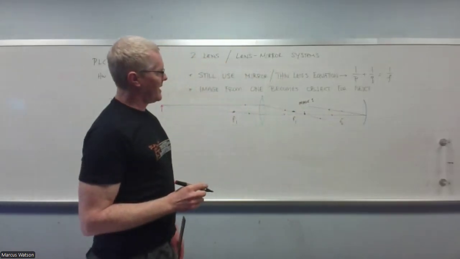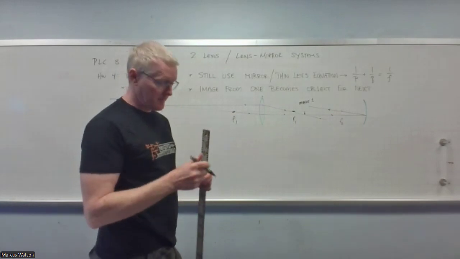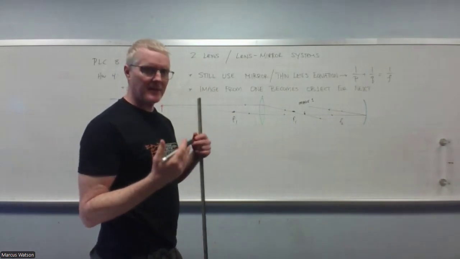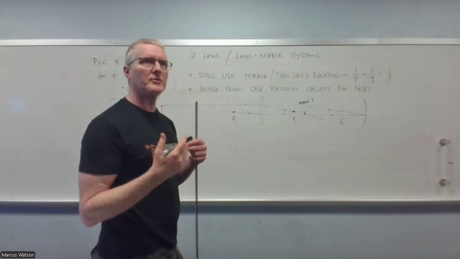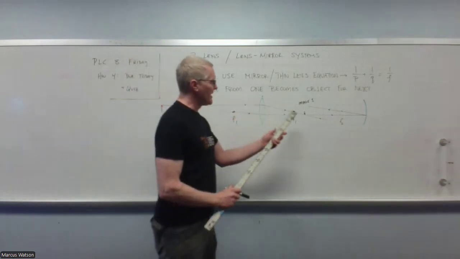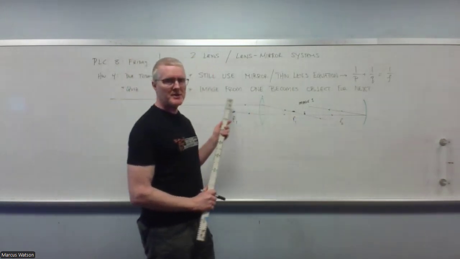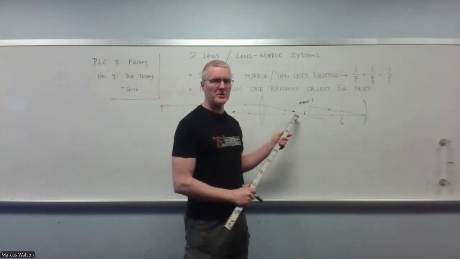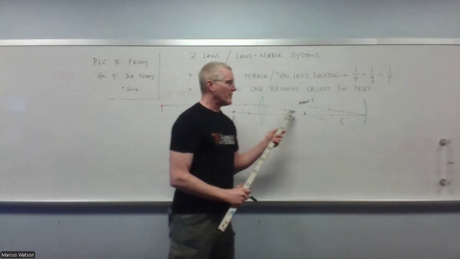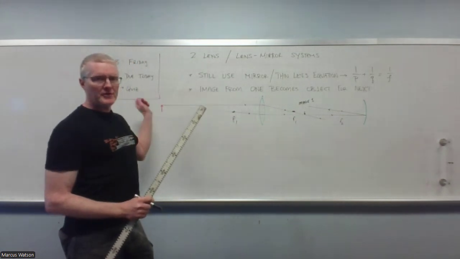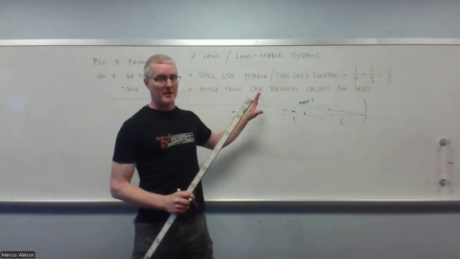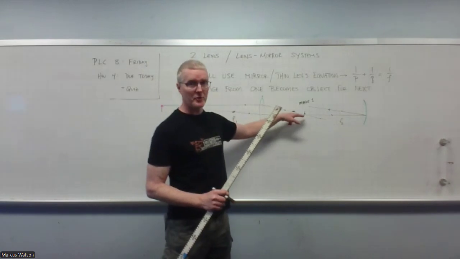Okay, and now part of the thinking that I'd like for you to get used to is that even though I've only drawn the two rays from the object through the lens to the image, remember this is emitting all sorts of rays which we aren't drawing, which are going through the lens and helping to form this image.